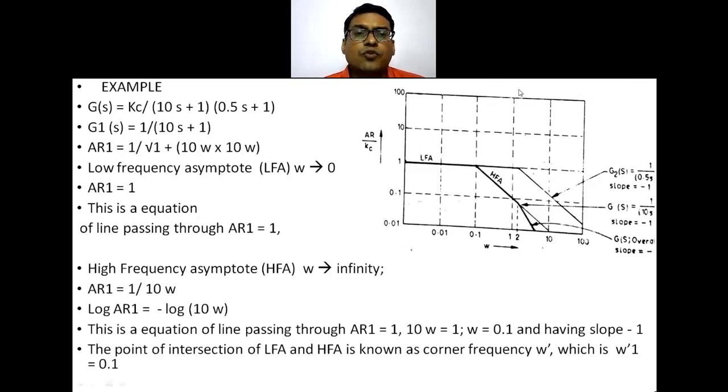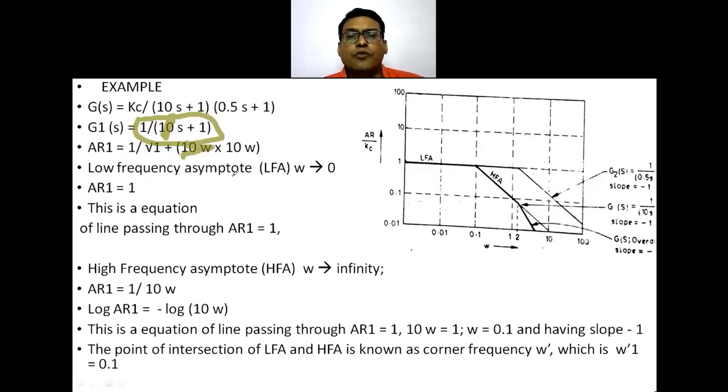So 1 upon 10s plus 1 will be our first transfer function. So the amplitude ratio comes as 1 upon root of 1 plus (omega tau) whole square, where tau is 10, so (10 omega) whole square.